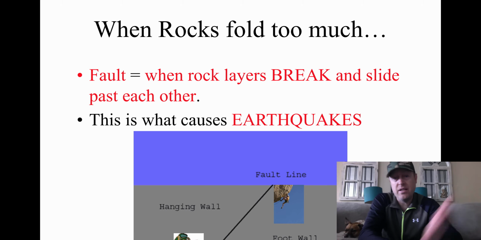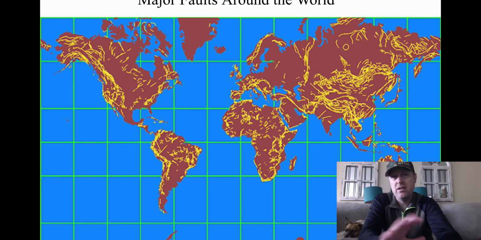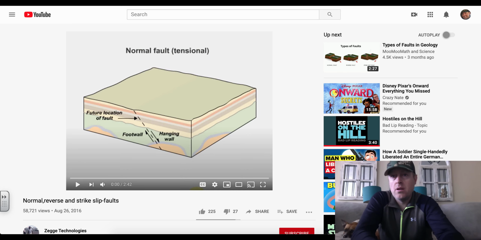This fault line is where that break actually occurs. And we have two different parts. One's called the hanging wall, one's called the footwall. Don't worry about that for now, but these are all the different faults that are around the world, and you can see they're everywhere.